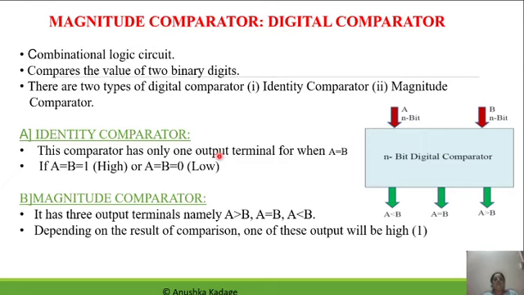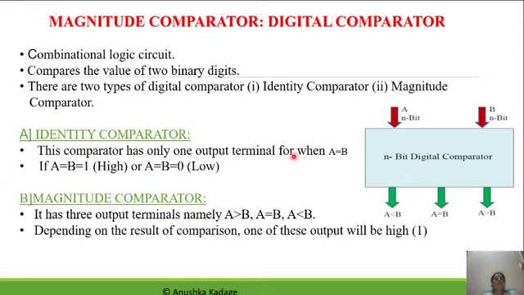If I have only one output terminal for expressing the comparison result, then it is said to be an identity comparator, which generates the output based on whether A is equal to B. That means whether the two compared numbers are equal or not.